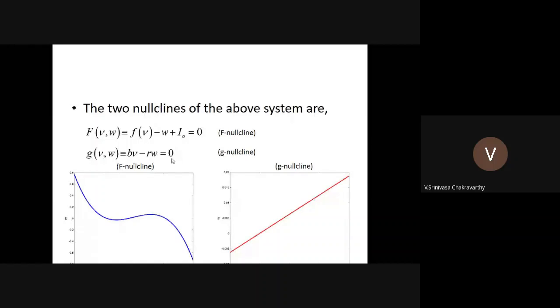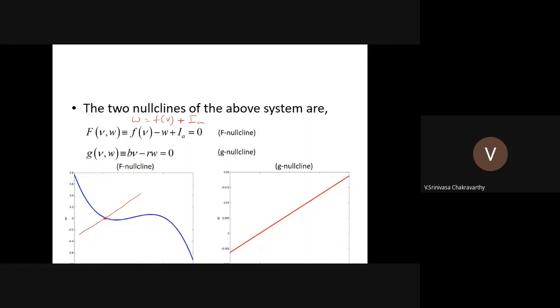So the first equation is simply w equal to a cubic function plus a constant term, which gives you this kind of curve. And the second one you can write as w equal to b by r into v, which gives a simple straight line. If you plot both on the same axes, the straight line will intersect the curve at the origin.